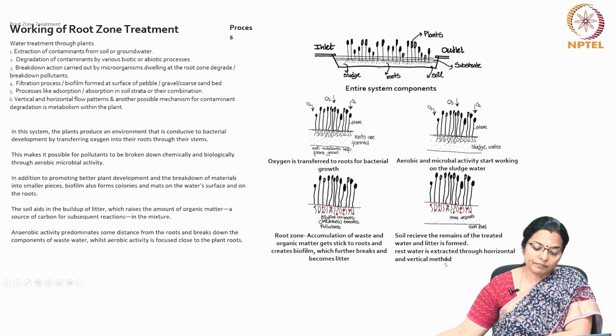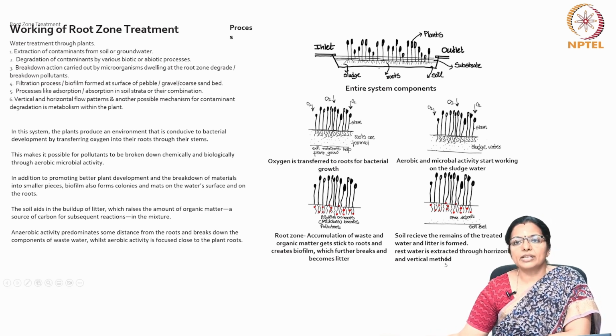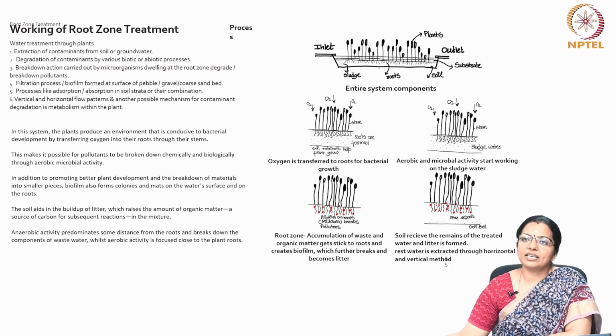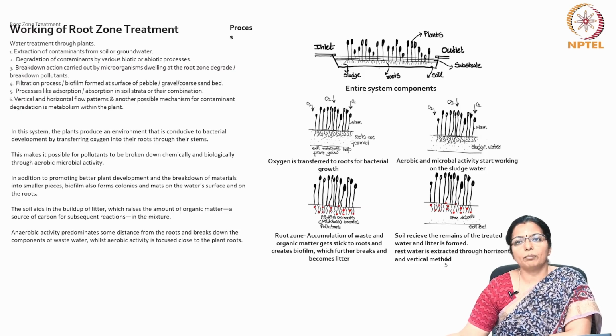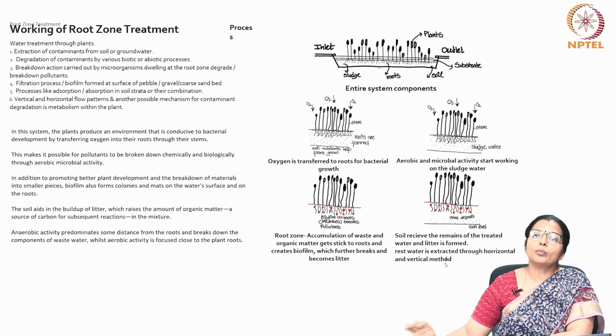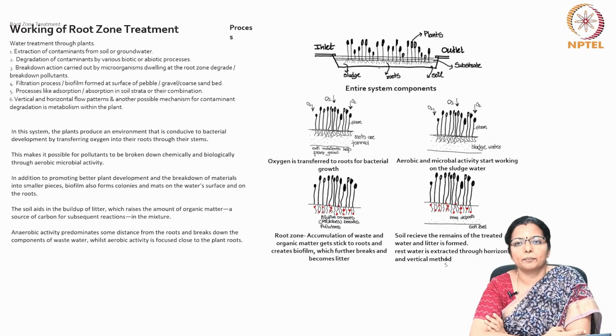In this system, the plants produce an environment that is conducive to bacteria to develop itself by transferring oxygen into the roots through their stems. This makes it possible for pollutants to be broken down chemically and biologically through aerobic microbial activity.